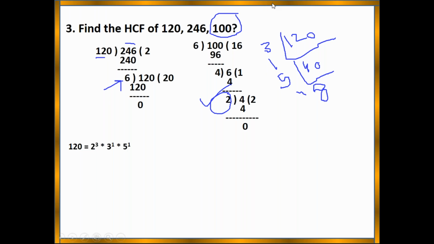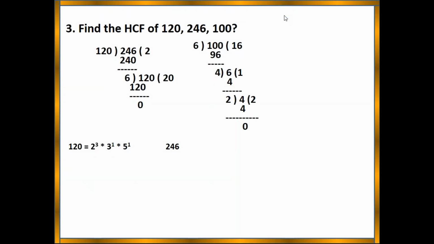Similarly, 246. 2 times 123 is 246. Again 3 times 4 is 12, and 3 times 41 is 123.